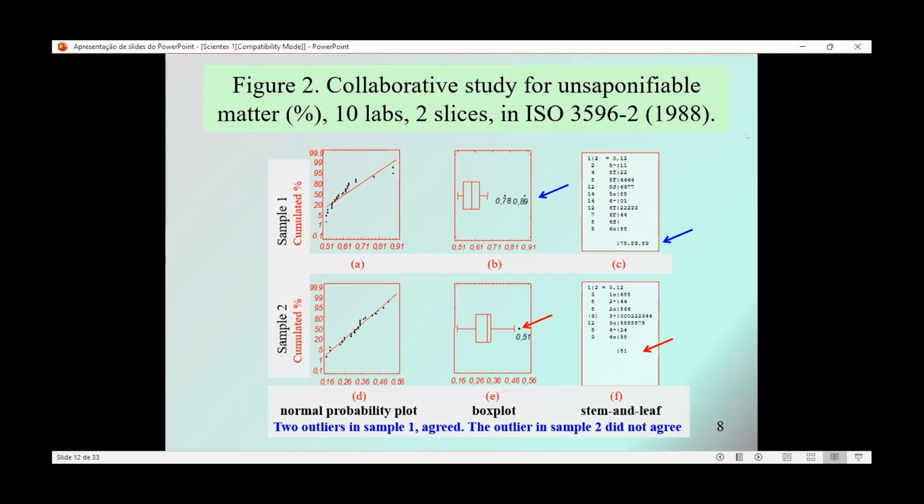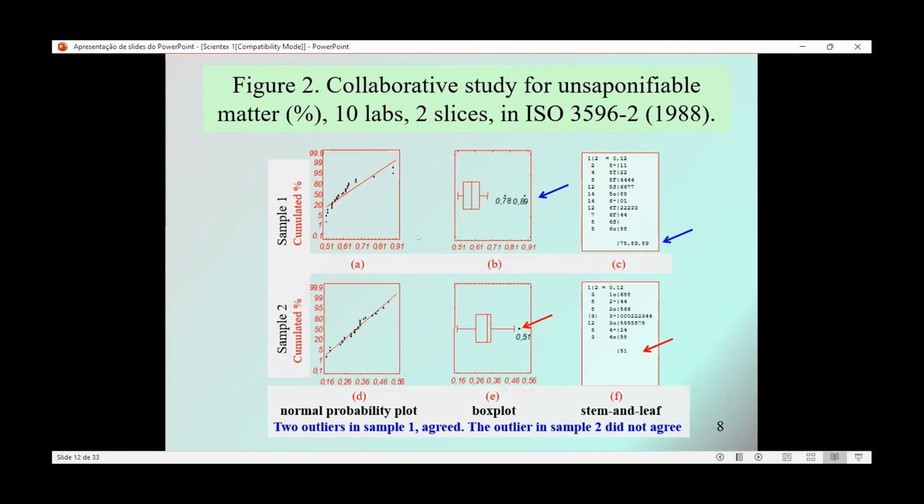Excuse me, we now are talking about one experiment for unsaponifiable matter percent, where we used 10 labs, 2 samples of each, and it is presented by ISO 3596 part 2, 1988.